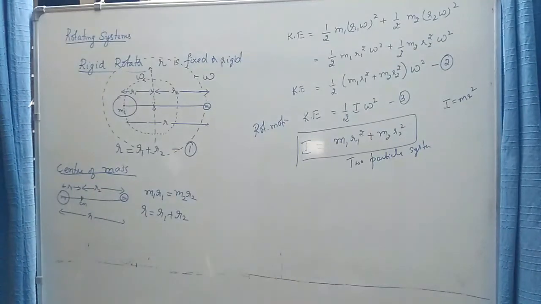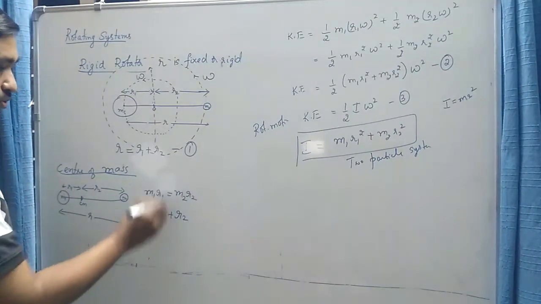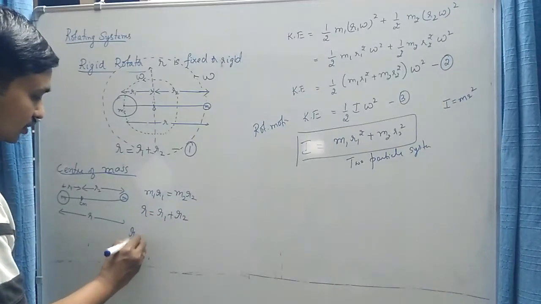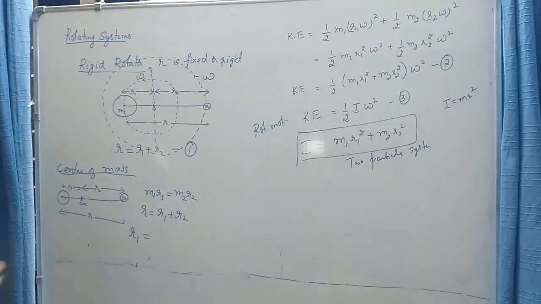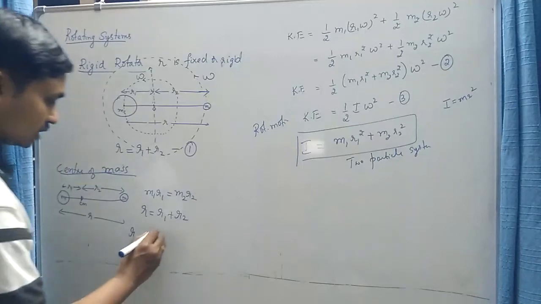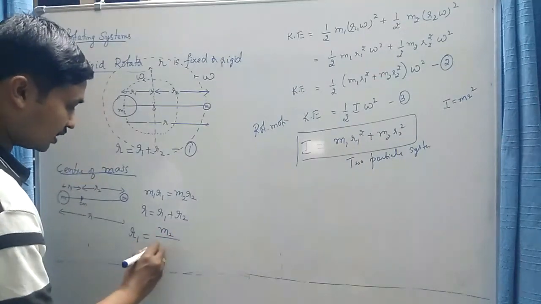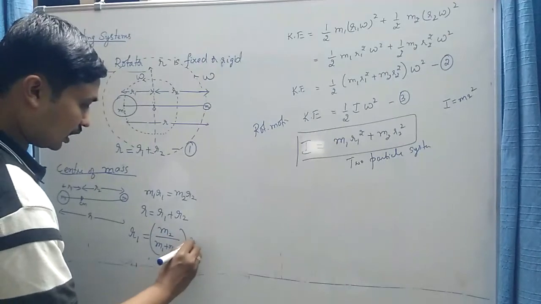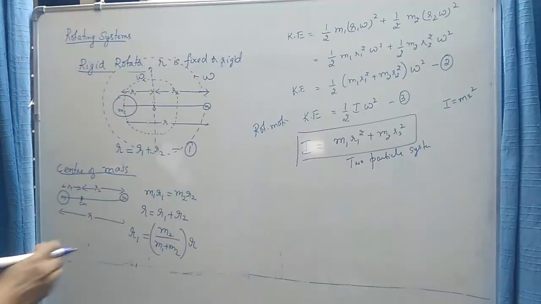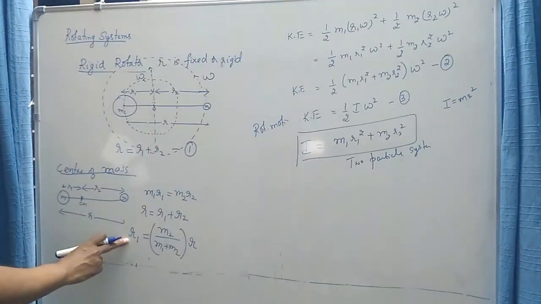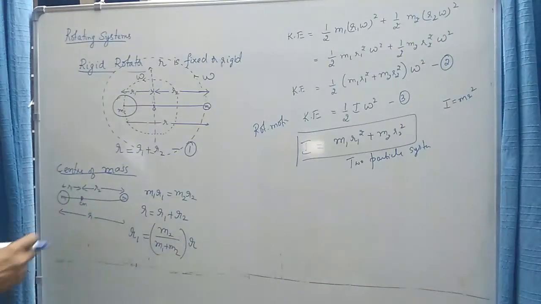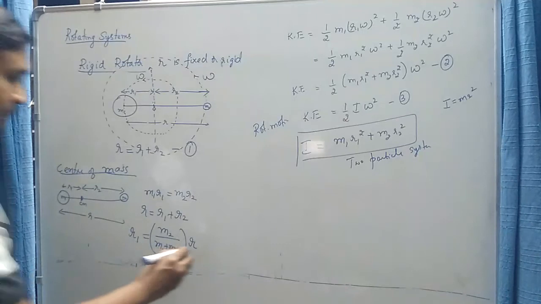If I use these two equations, it is easy to show that r1 is equal to m2 divided by m1 plus m2, into r. That is, the distance of the first particle from the center of mass is the mass of the second particle divided by the total mass, into the distance between the two particles r.